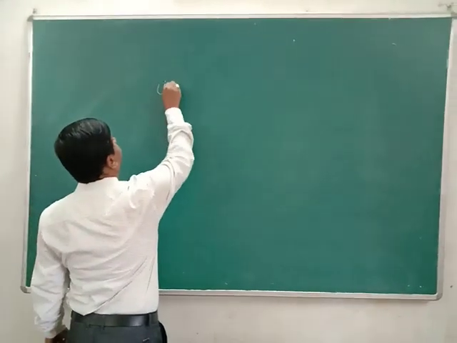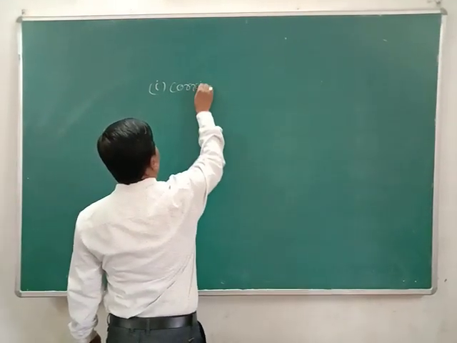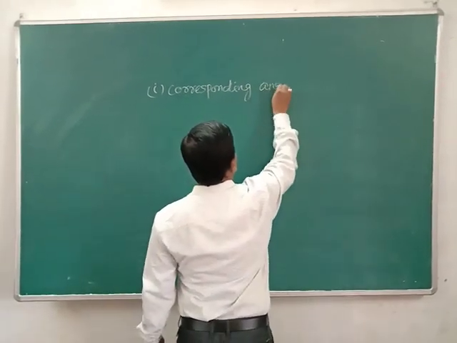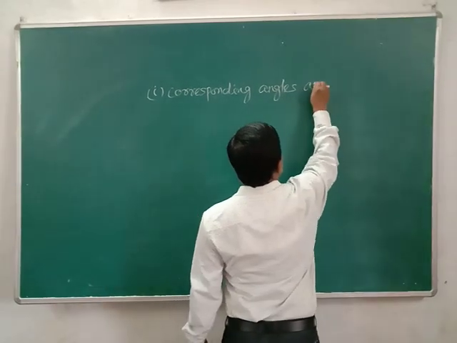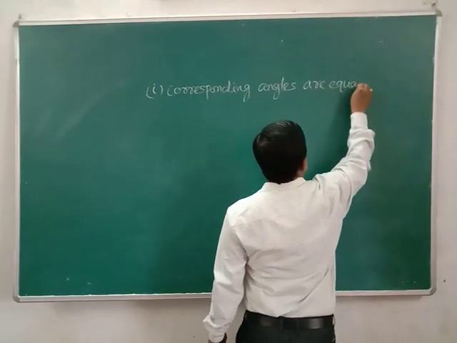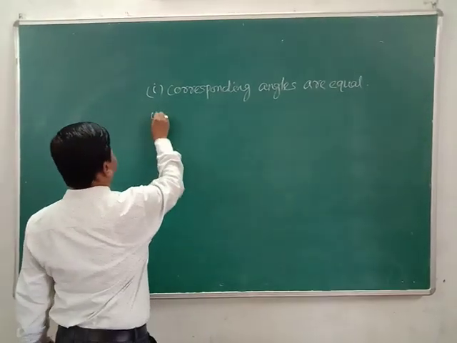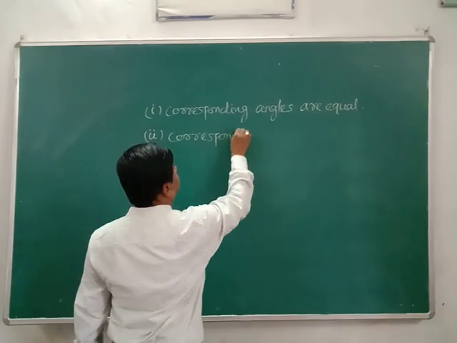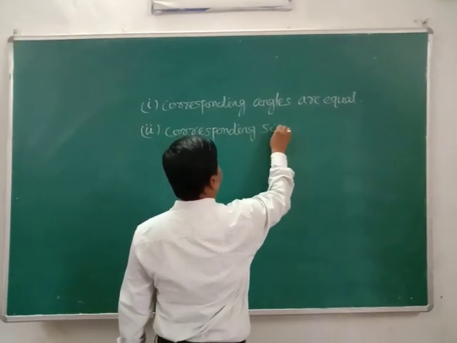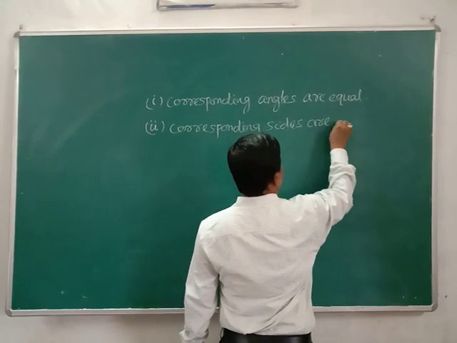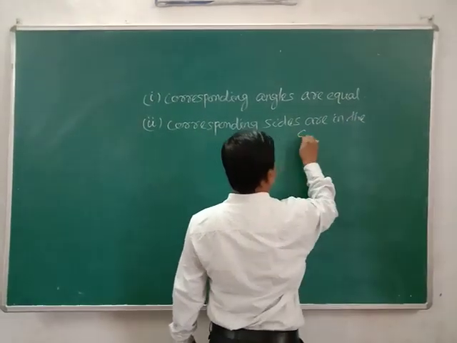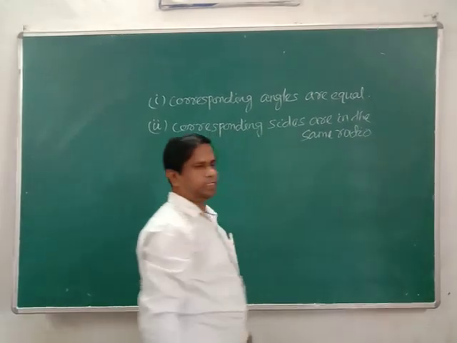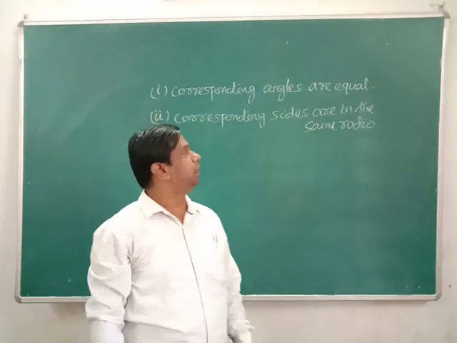One is corresponding angles are equal, and second condition is corresponding sides are in the same ratio, or in other words we can say that corresponding sides are in proportion.